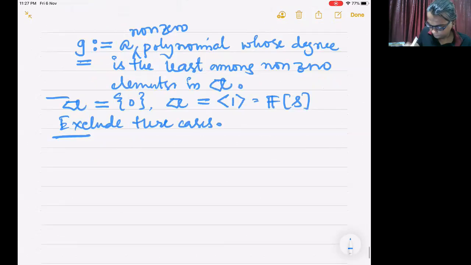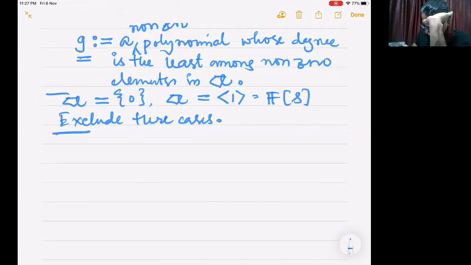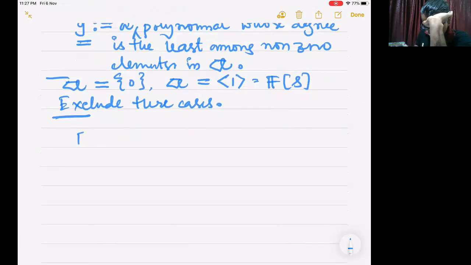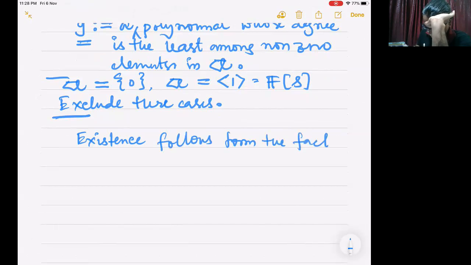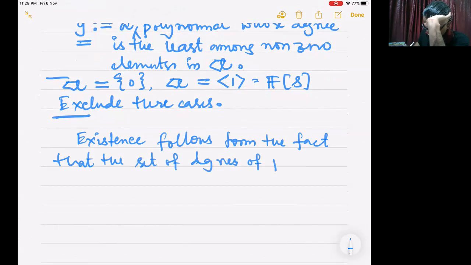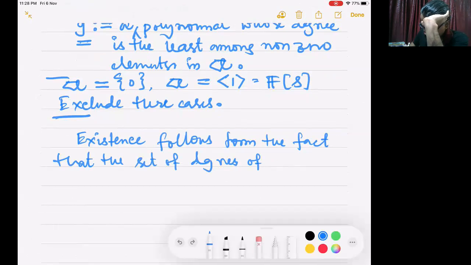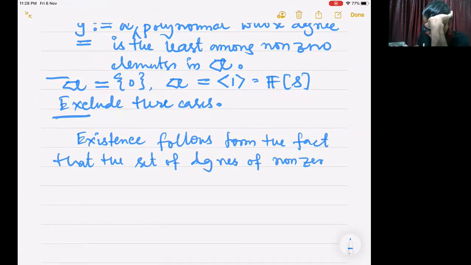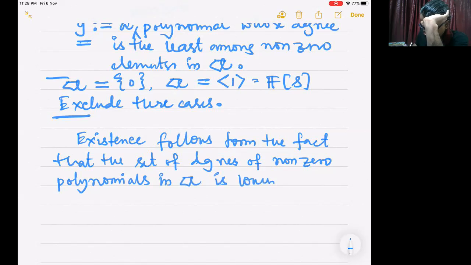Okay. So existence follows from the fact that the set of degrees of non-zero polynomials in A is lower bounded by 1.